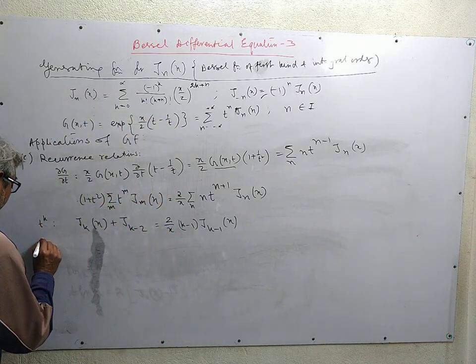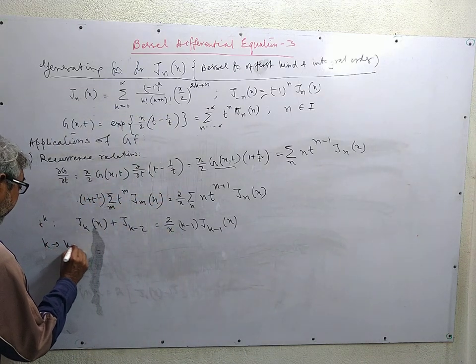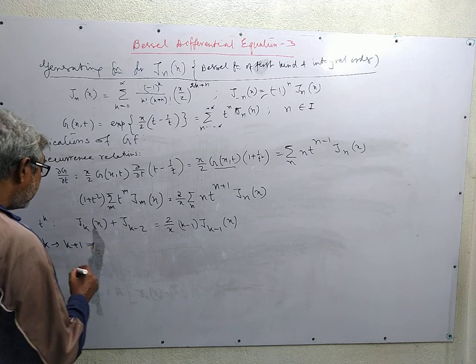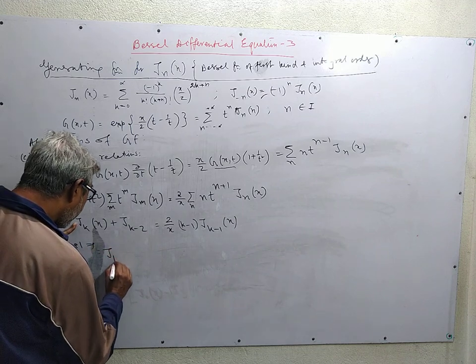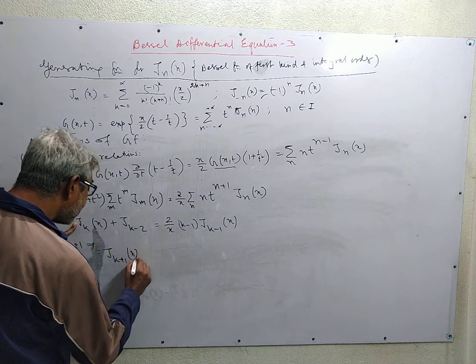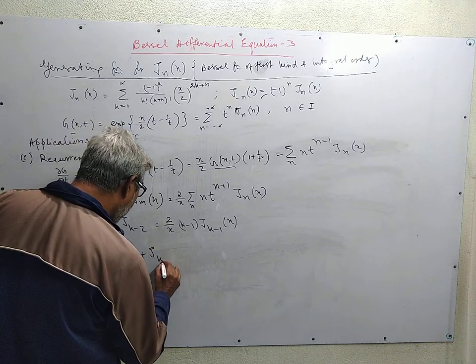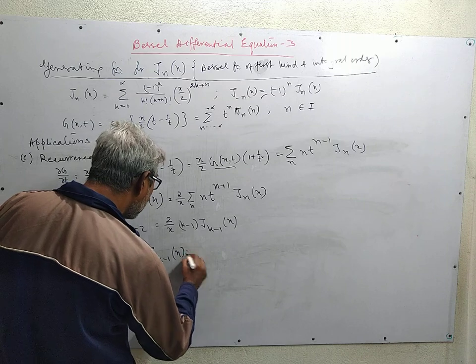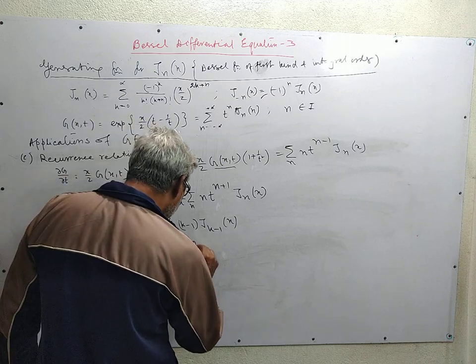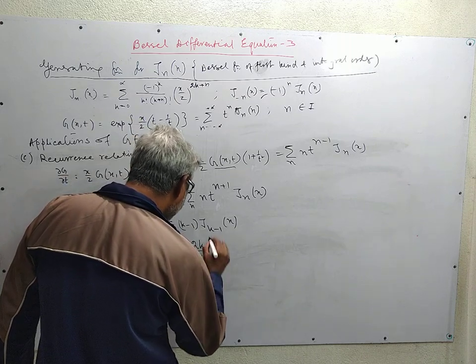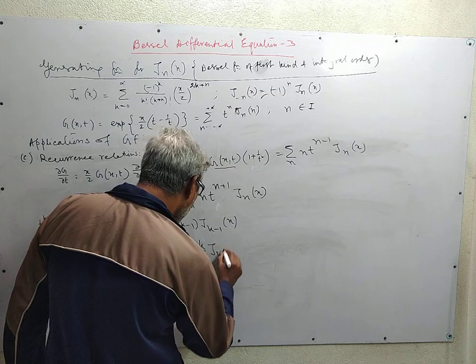Replacing k by k plus 1, we get j of k plus 1 of x plus j of k minus 1 of x is equal to 2k by x jk of x.